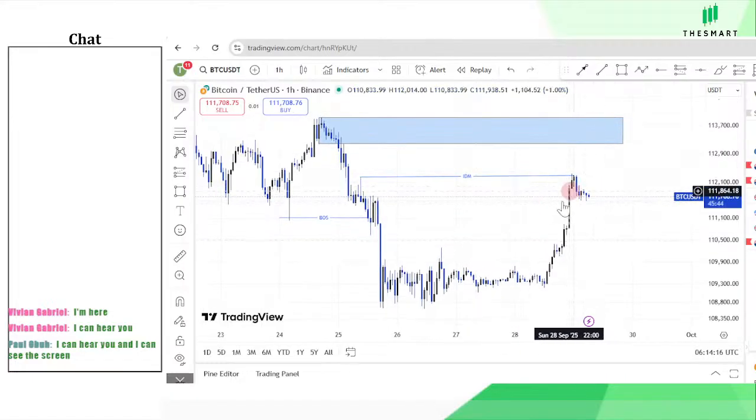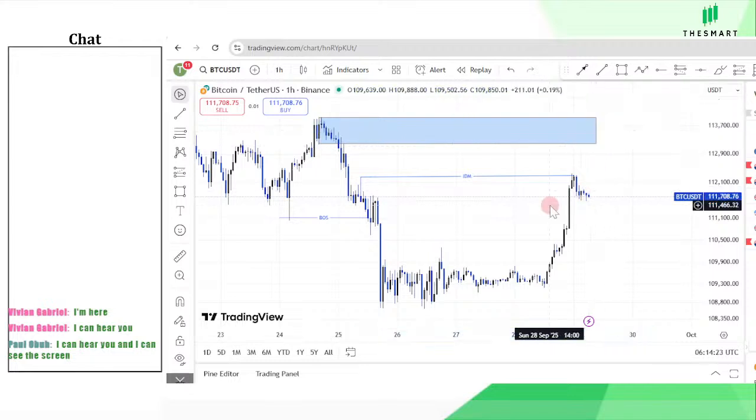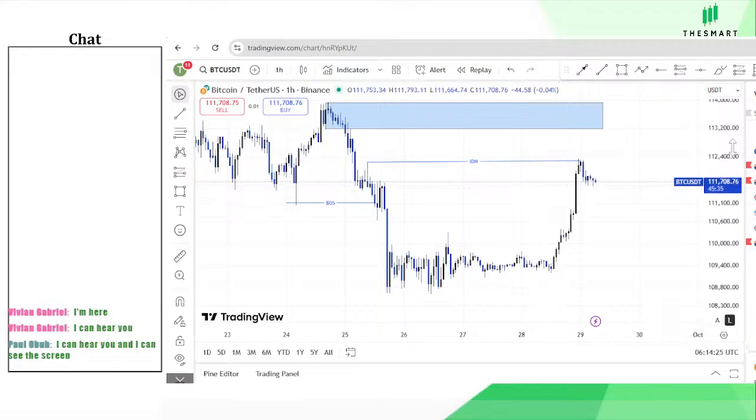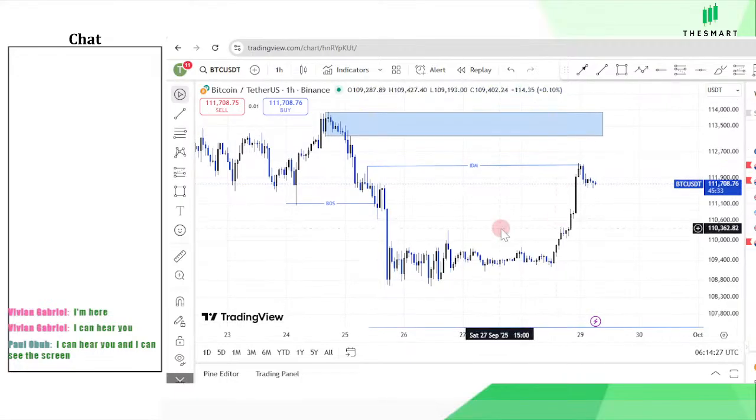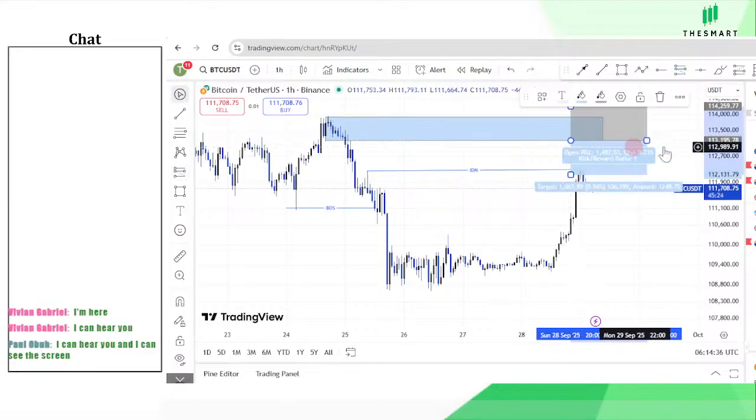We want to see price run all the way to this supply zone for us to take our trade from. So this is what we'll have: our sell order at this point.